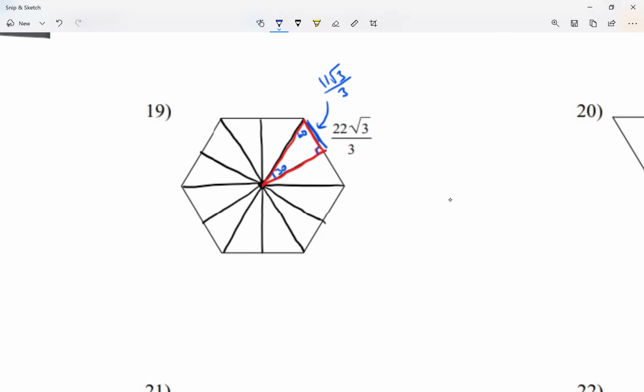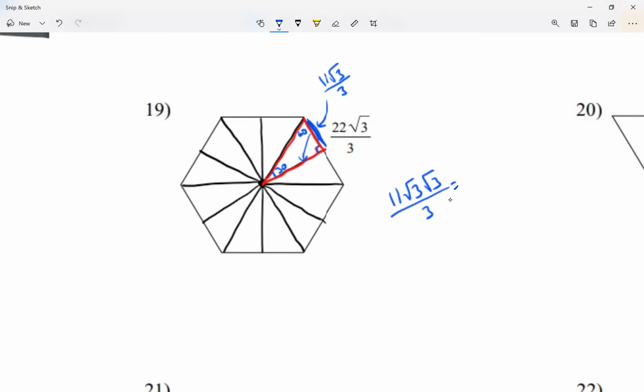Okay, remember the 30, 60, 90? If I wanted to go from here, this is the small side, to the medium side, don't I multiply by radical 3? So let me do it here at the side. 11 times radical 3 times radical 3 over 3. See how I multiply by radical 3?